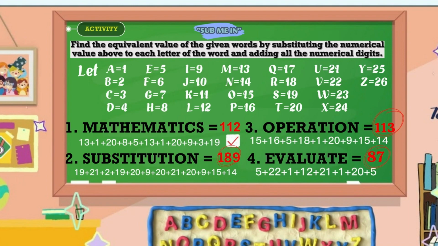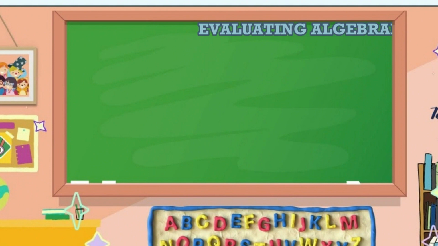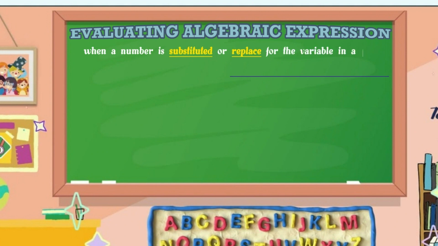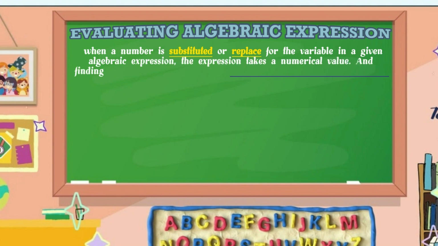Now that you already know how to substitute, let's proceed to evaluating algebraic expressions. Class, when a number is substituted or replaced for the variable in a given algebraic expression, the expression takes a numerical value, and finding the value is what we call evaluating the algebraic expression.